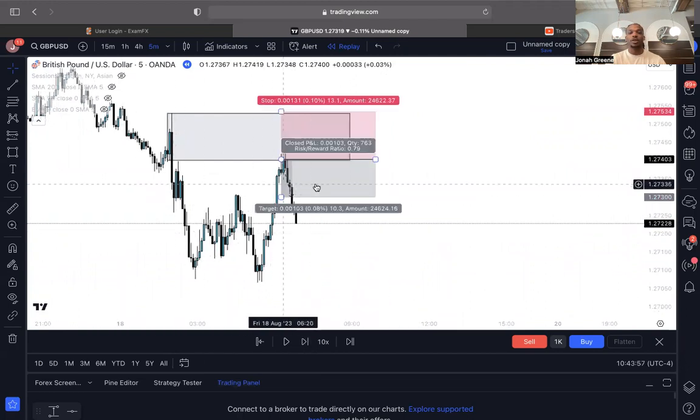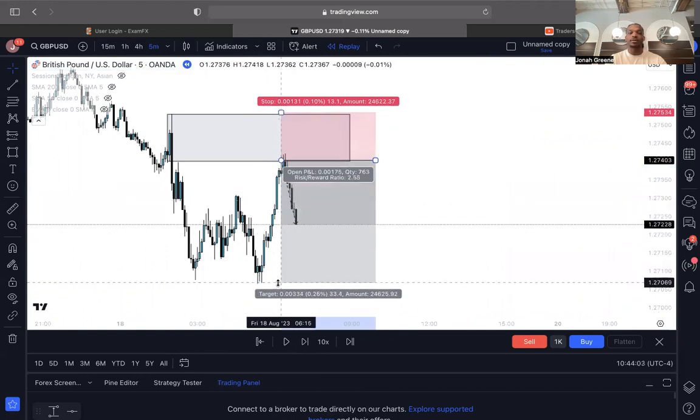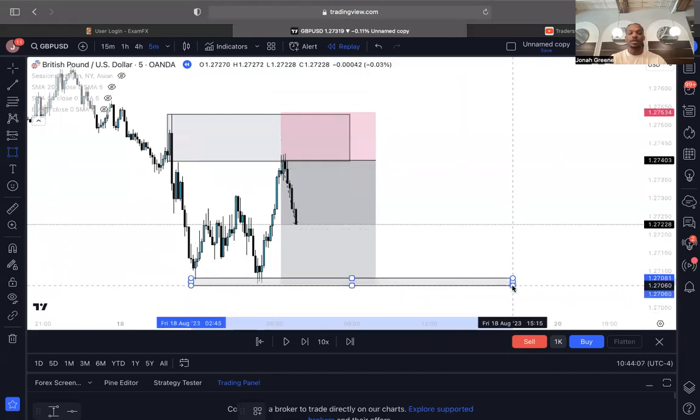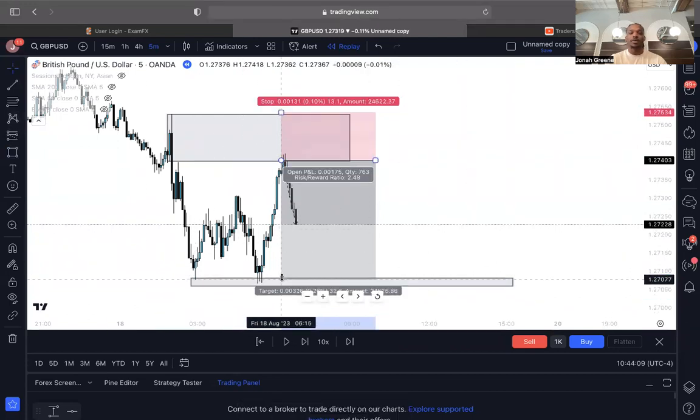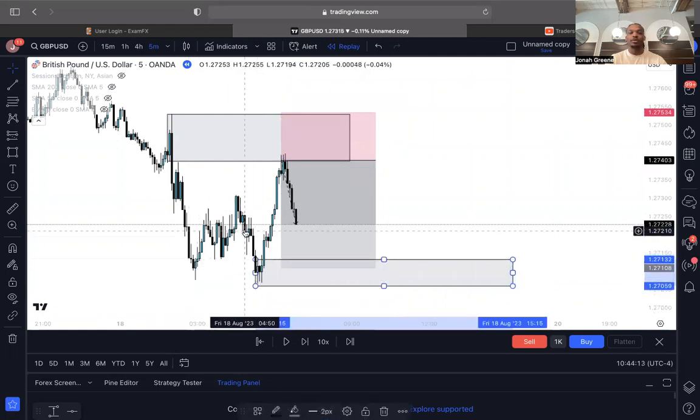Boom, so your 1-to-1 is there. Now I would put it right here, just because this is a low liquidity area that the market could be coming to, or you can put it right here because sometimes there is a demand zone right here that it might come to as well.